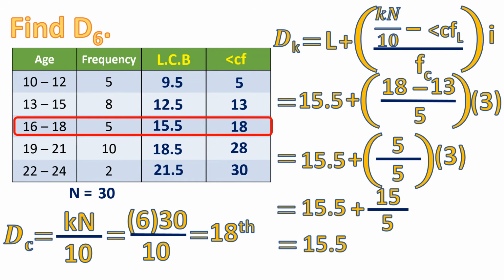So 15.5 plus 15 divided by 5, which is 3. So the sixth decile is equal to 18.5. So this means 60% of the data is lesser than 18.5. Or based on the given, 60% of the participants are having less than 18.5 years of age.